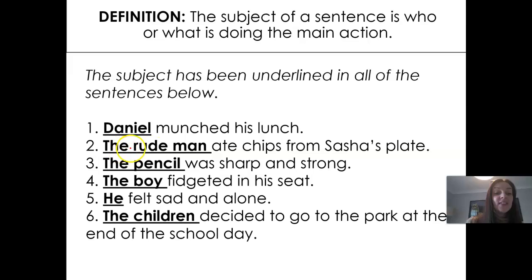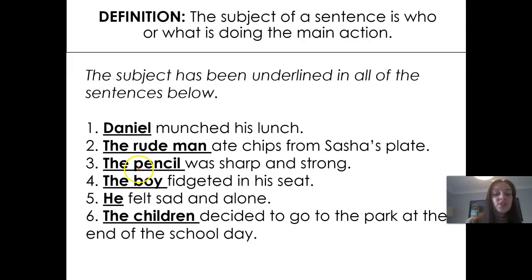So, in this one, it's not just the man, but the rude man. So that whole noun phrase is my subject. I must underline it all. In number 3, the pencil was sharp and strong. So this time it's not a person, but it is a thing, the pencil. And again, I must underline the whole phrase to identify the subject.